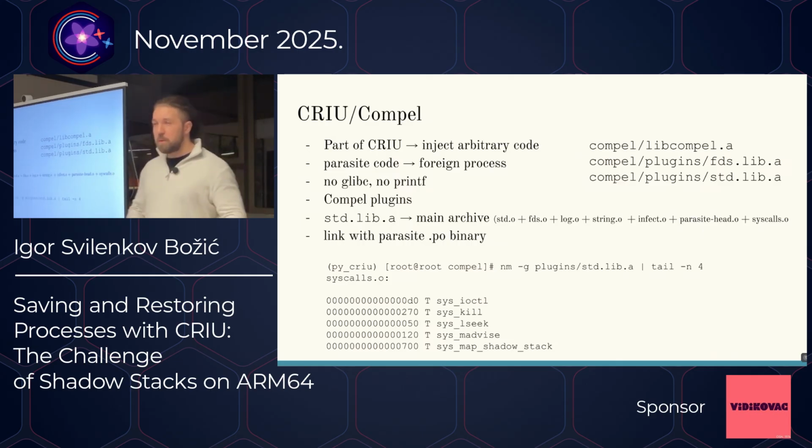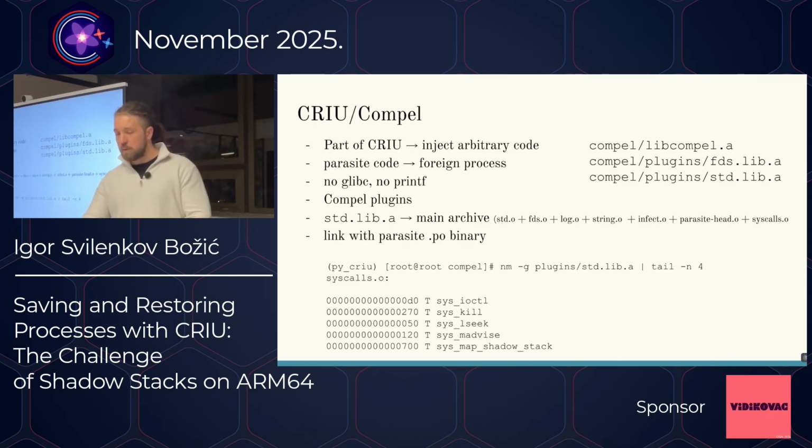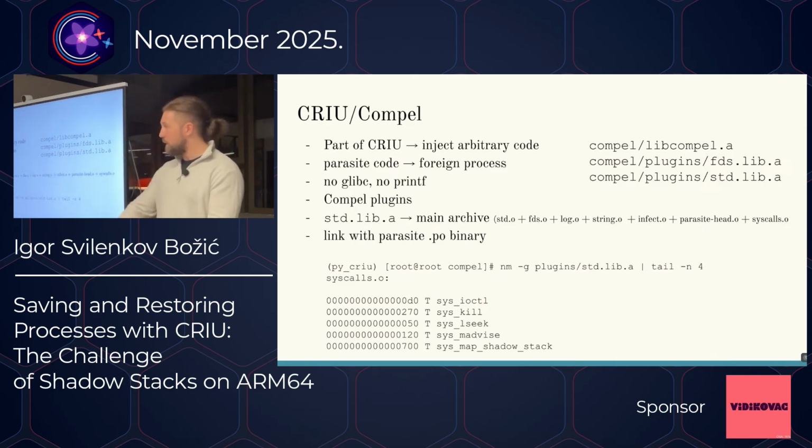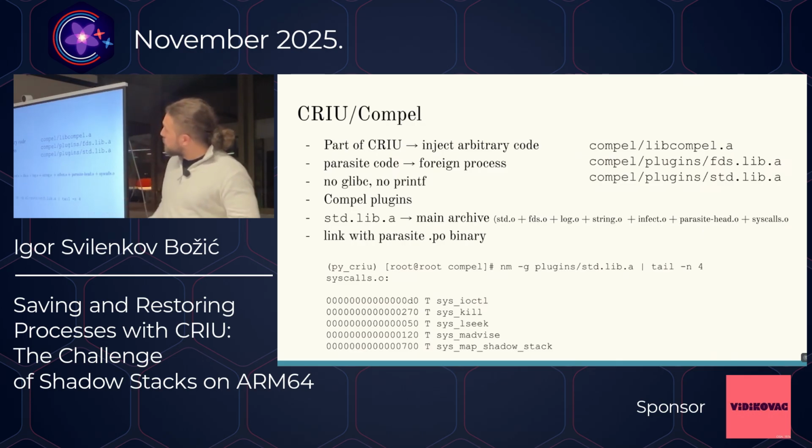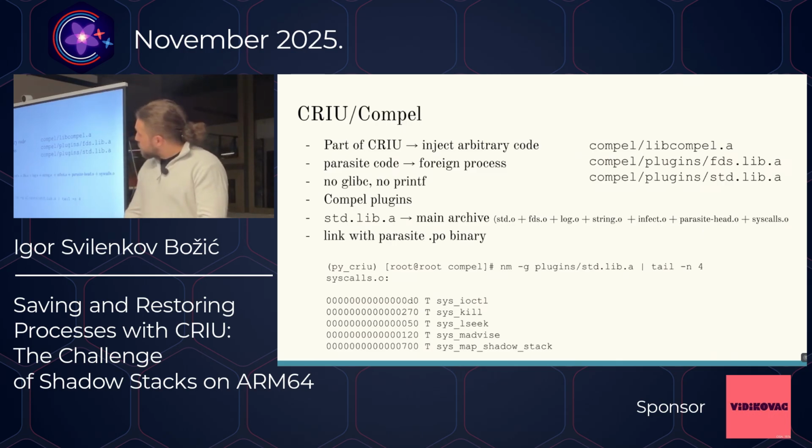So the primary component of CRIU that does all this snapshotting and restoring is actually the component responsible for injecting arbitrary code inside a foreign process. And this code is known as the parasite code. That's a cool name, I think. The parasite code runs without the standard library, so no glibc, no printf, and you have a mini architecture of plugins inside this component, and there's a std plugin.